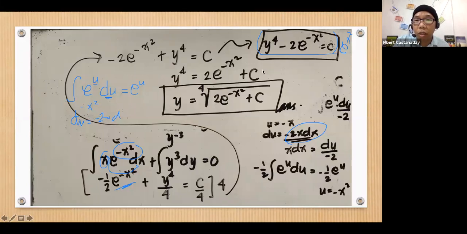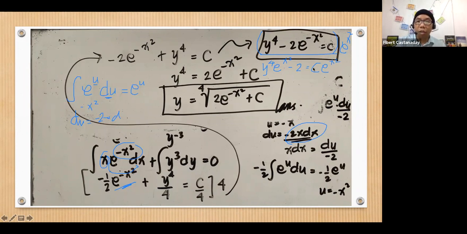So magiging y raised to 4 times e raised to x squared, minus 2 equals c e raised to x squared. So ayan, pwede rin ganun na format.